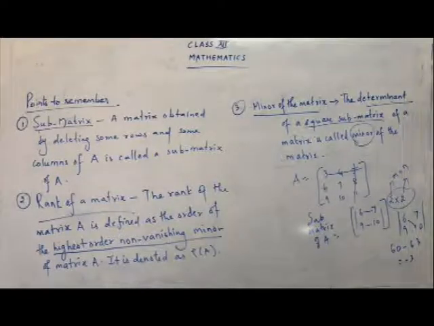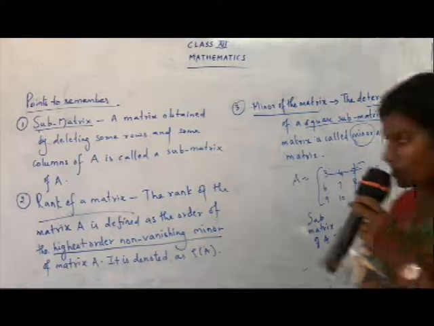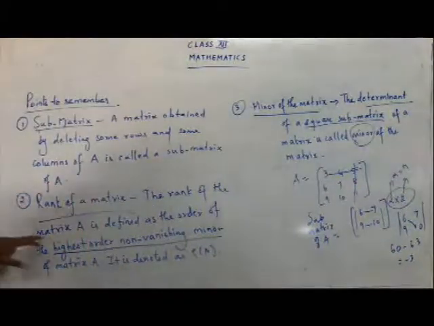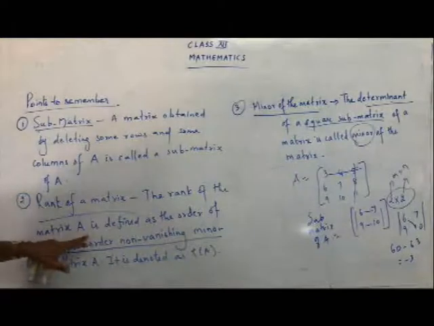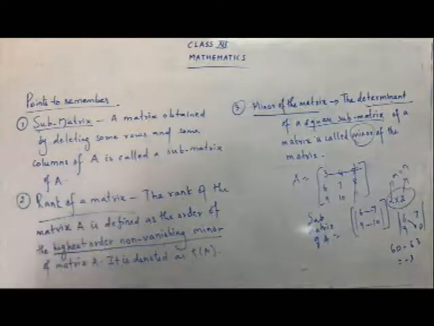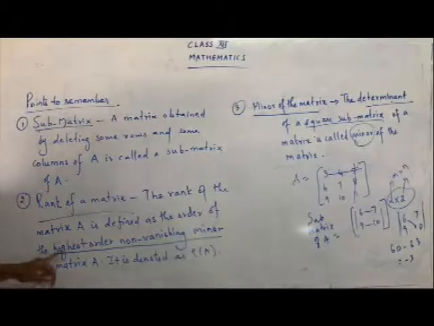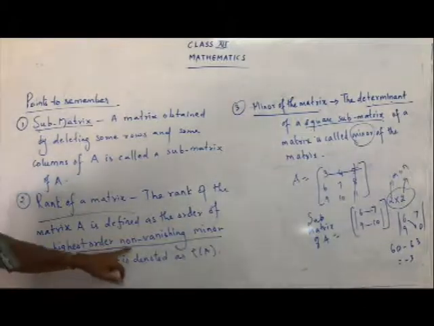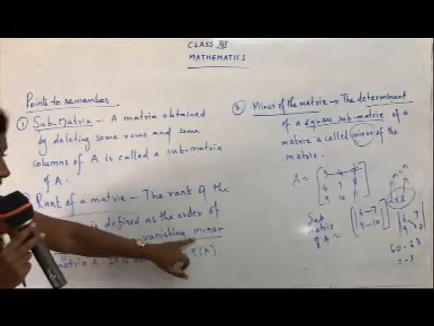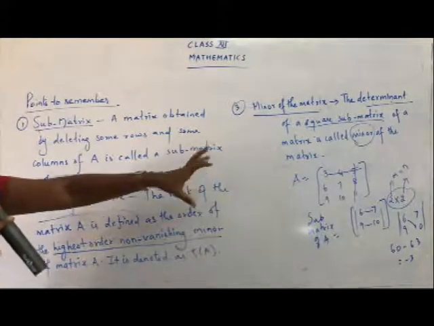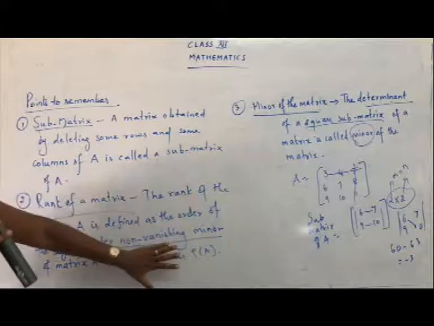Okay, now let's come back to the rank of a matrix. What is the definition for rank of a matrix? The rank of the matrix A is defined as the order, but of what? You are going to find the order of the highest order non-vanishing minor. Minor, you know how to find: you take the determinant of a square submatrix.